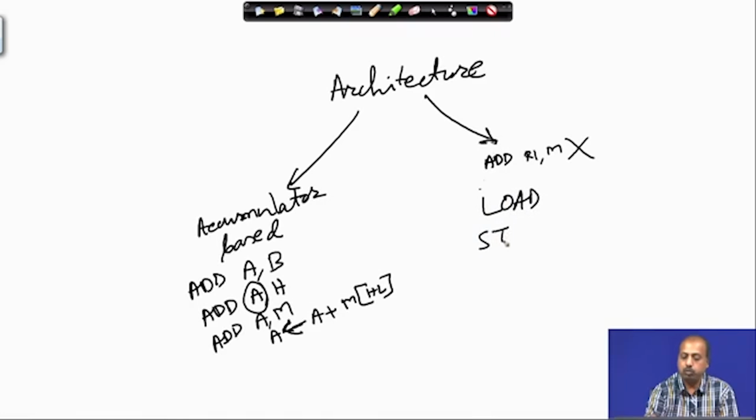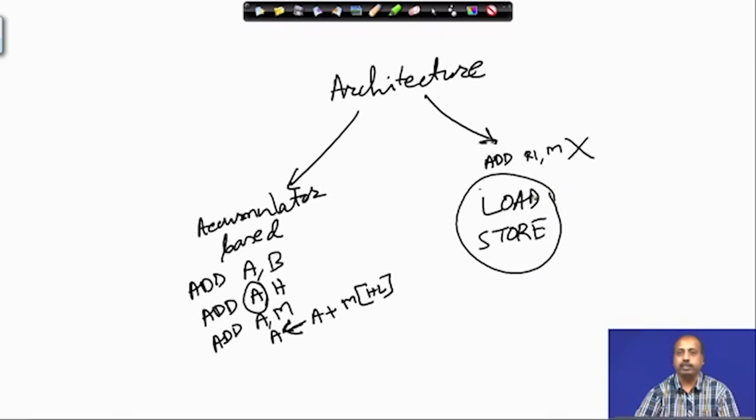By the load instruction, you can load a register with the content of some memory location, and by store, you can store the content of a register onto a memory location. But you cannot use a memory operand in arithmetic and logic instructions. This type of architecture is called a load store architecture.